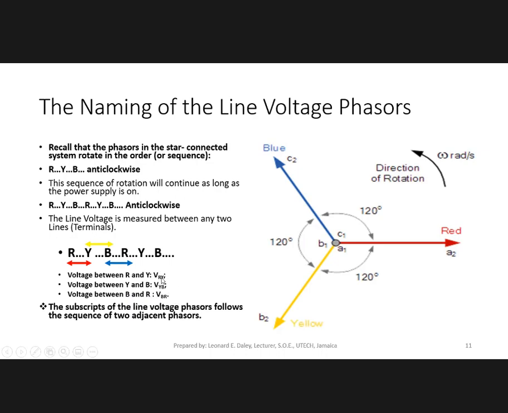Now, if we had changed the direction in which the phasors are turning, the phasors would be located in the opposite order. So this is the particular order that we have them. Just as the sequence is going, we connect up adjacent letters or phasors to get the line voltages.